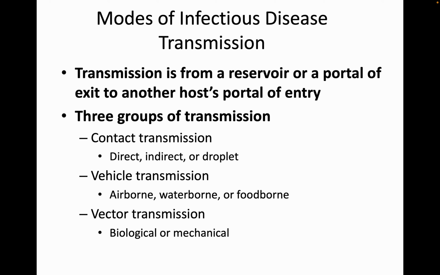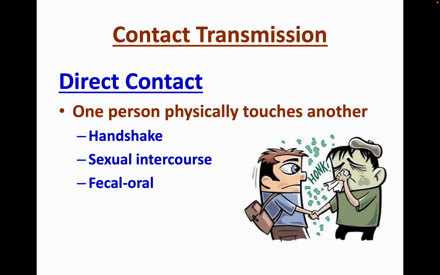There's vehicle transmission, like airborne, waterborne, foodborne, where something that we take into our bodies normally carries a pathogen. And there's also vector transmission. It could be biological or mechanical, but vector transmission is when an organism or mechanical object deposits a pathogen into a new host.